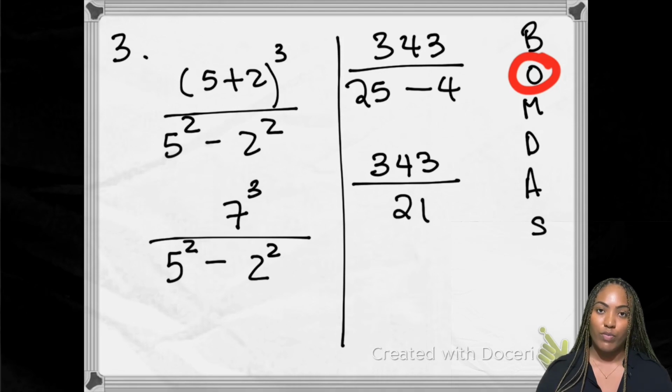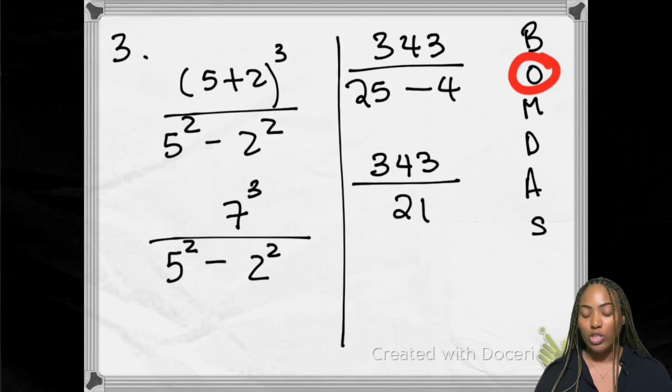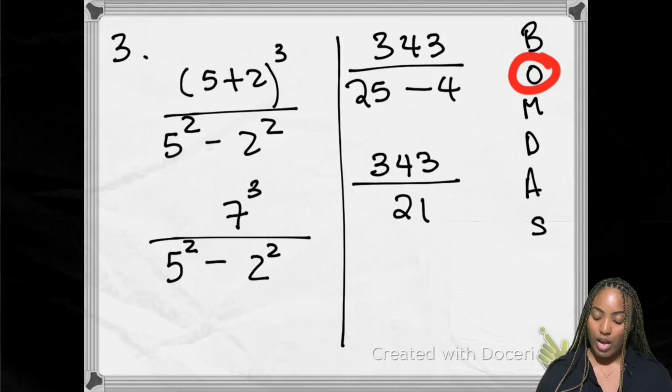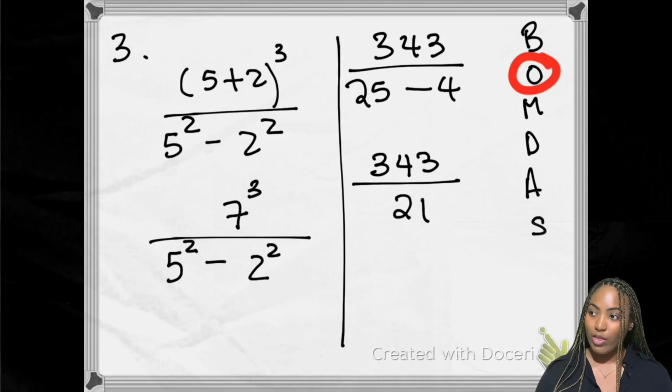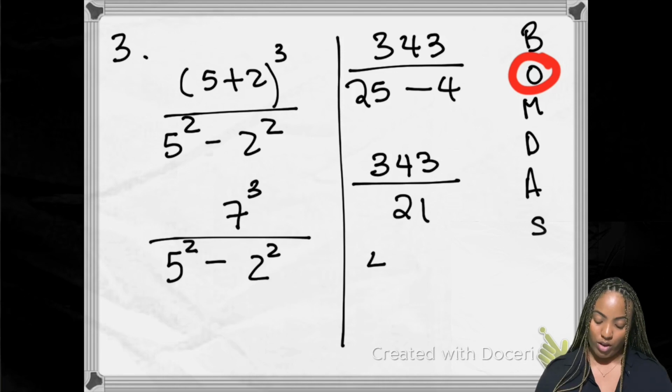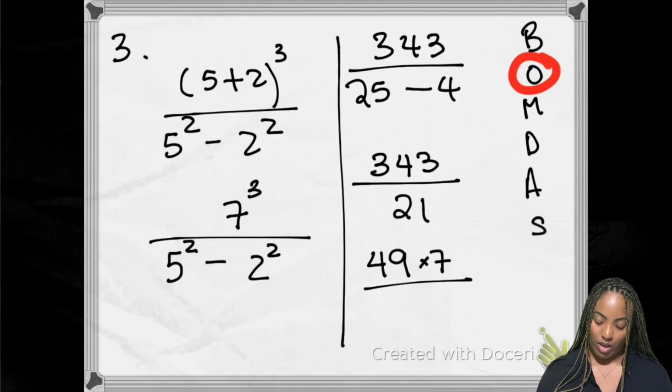We will then have to look for any other number which can go into 343 and also go into 21. Well, we can try the number 7. So 7 into 343 will give us 49, and 7 into 21 will give us 3, multiplied by 7.